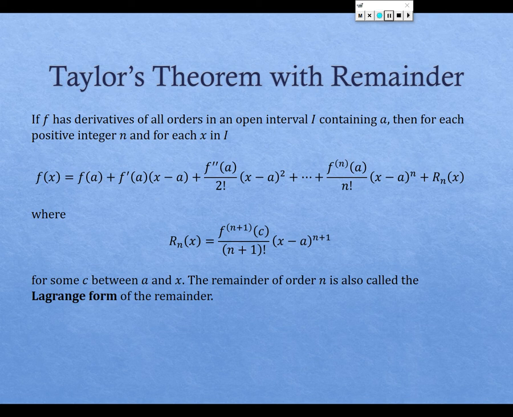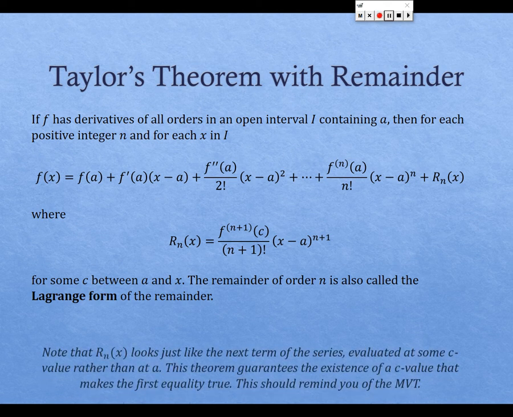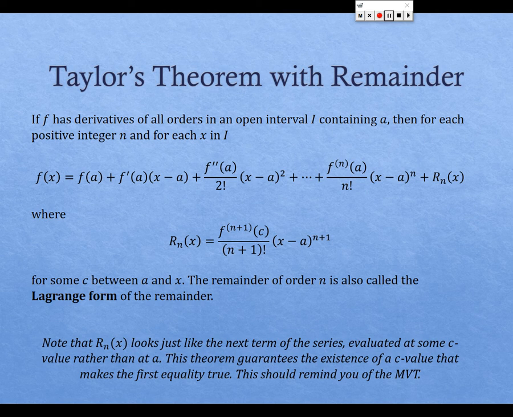In fact, the thing I've just put on the board, as terrible as it looks, is like the super mean value theorem. This should remind you of the mean value theorem, and we can be very specific about this. The mean value theorem is a very specific case of this. You might be thinking, really?